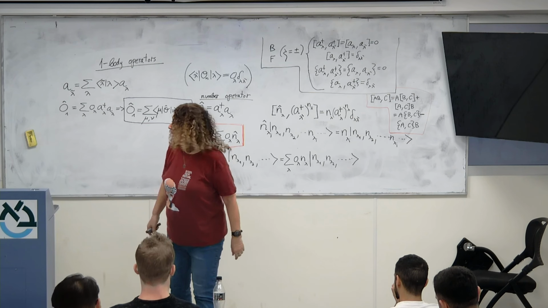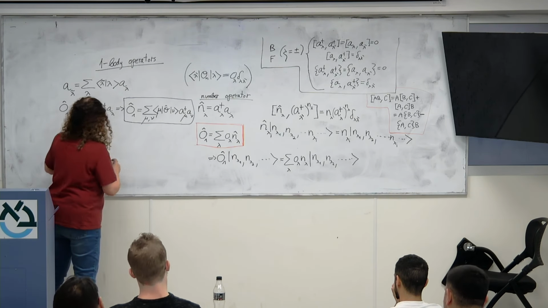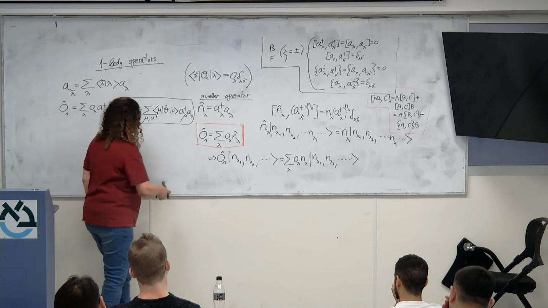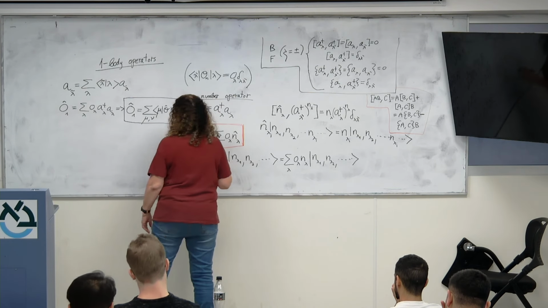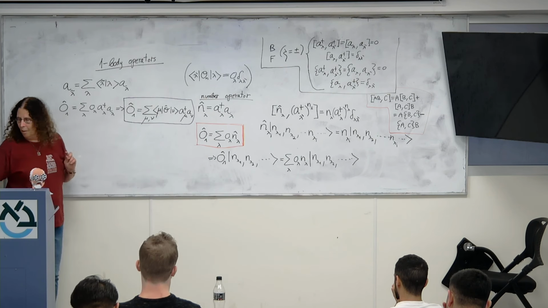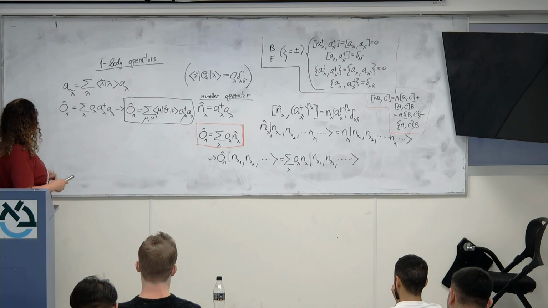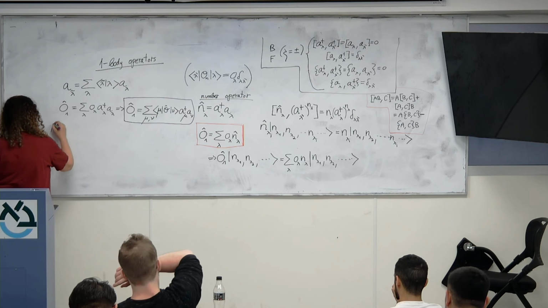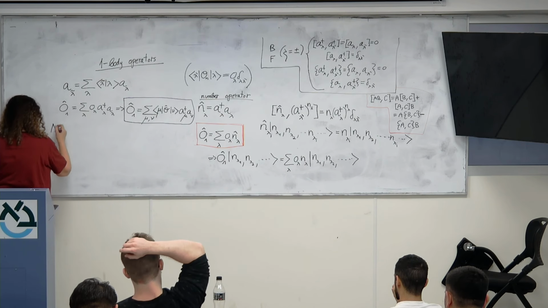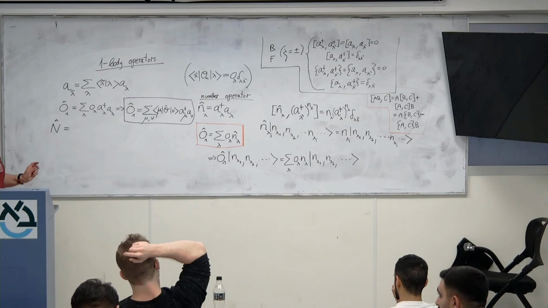Okay, so let's see how we're going to write a two-body operator, and I start from one single-body operator that we already see here, the total number operator. What is the total number operator?